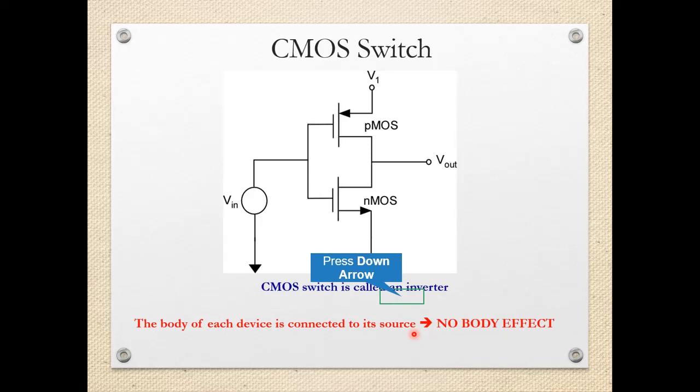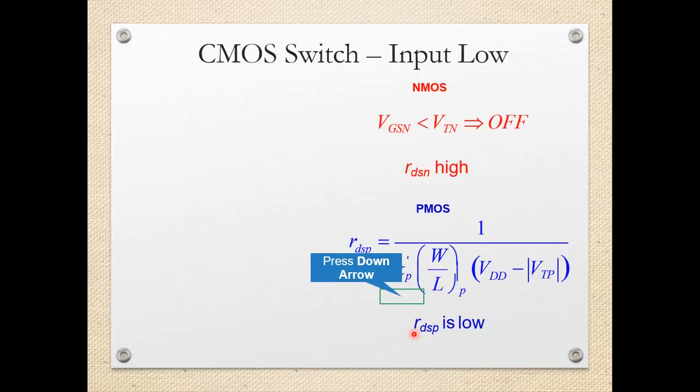The drains of PMOS and NMOS are shorted, and the output terminal is taken from there. Gates of both the devices are shorted, and the input is applied to that. This CMOS switch is called an inverter, and the body of each device is connected to its source, so there will be no body effect in this CMOS switch.